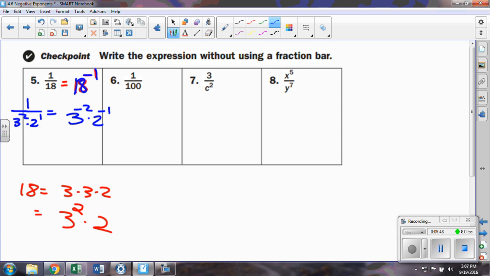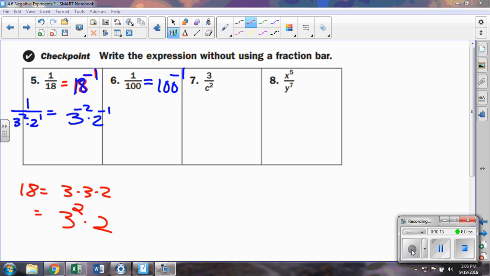For this particular problem, I don't expect you to write it out this way. All the stuff that we had here with the prime factorization, I don't expect you to do it for this particular one. But there is an issue showing up here with number 6. In particular, if you wind up taking this answer and simply saying it's 100 to the negative 1 power, that's not going to be good enough.